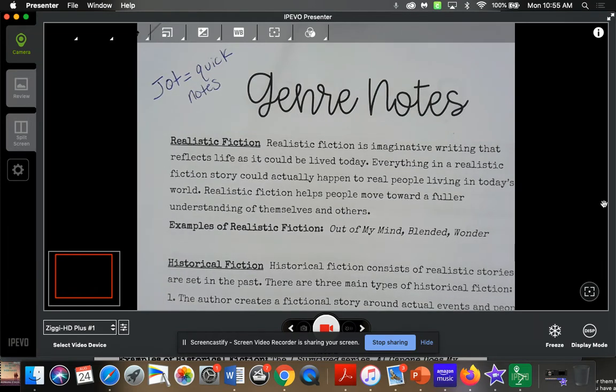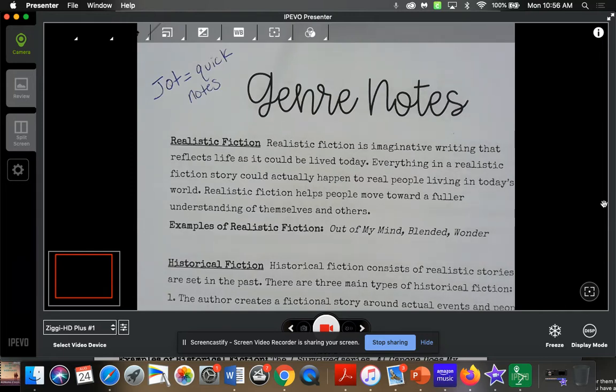Let's look at realistic fiction and the definition. Does somebody want to read it for me? Okay, I'll do it. Realistic fiction is imaginative writing that reflects life as it could be lived today.